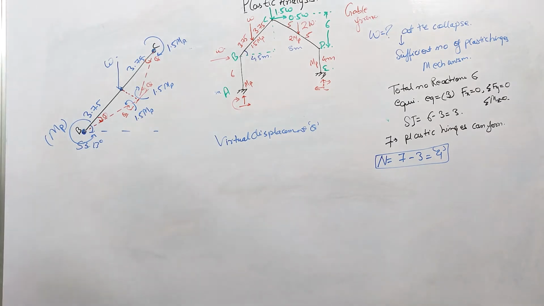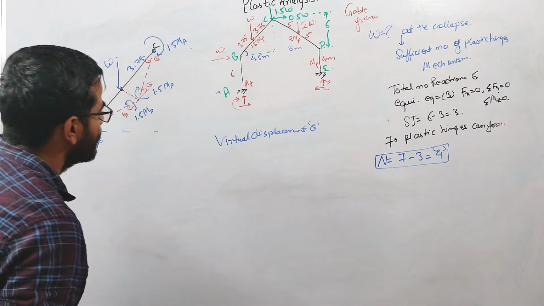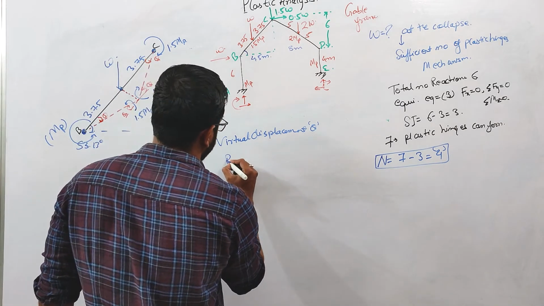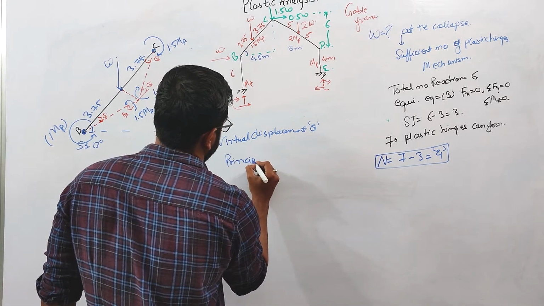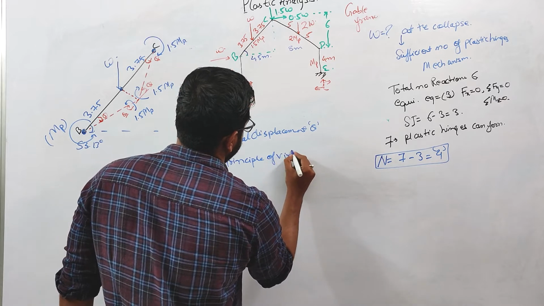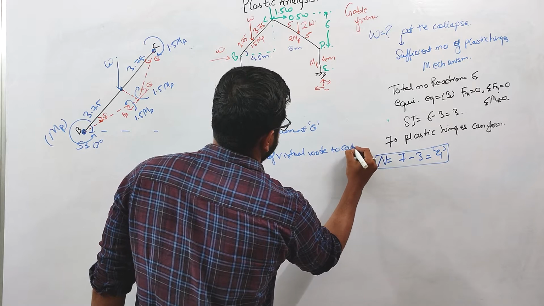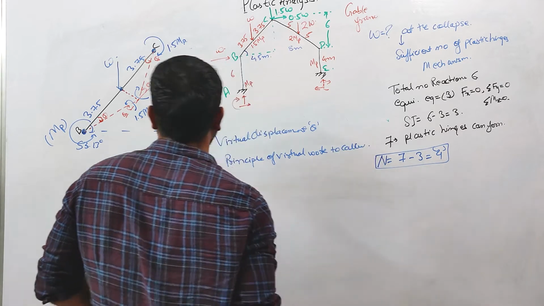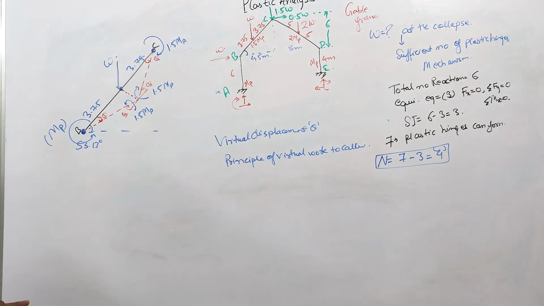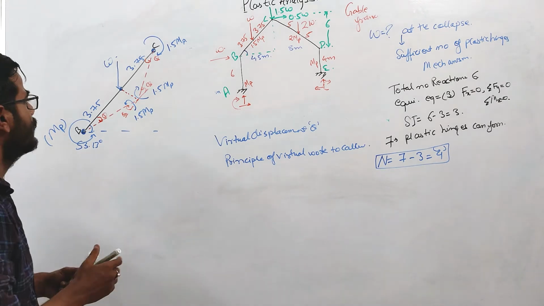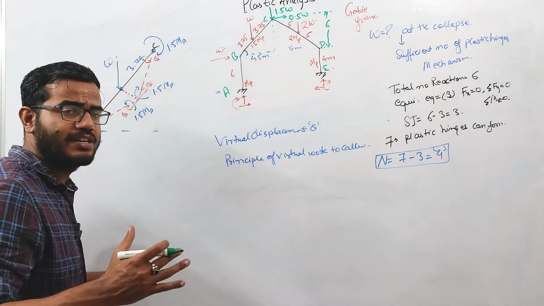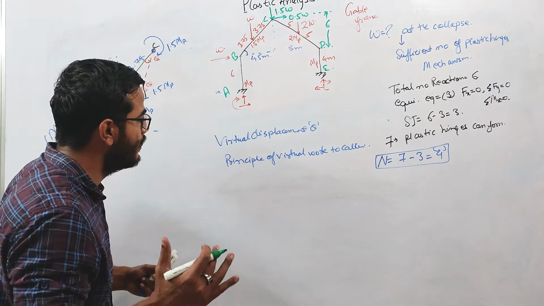So basically, now we will be applying the principle of virtual work to calculate the collapse load. If you want to calculate the collapse load, we will be using the concept of external virtual work done equals internal virtual work done.